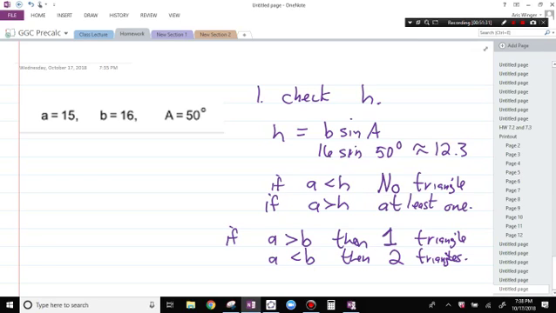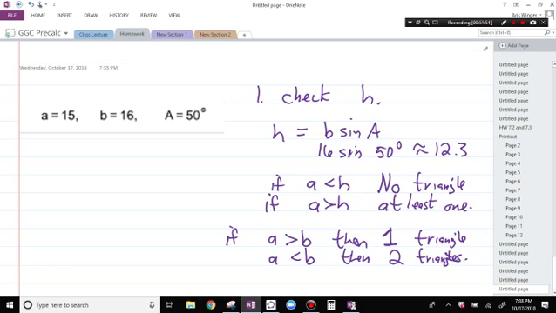Question? Go ahead. How do you know how big the height is? Like you said, check the height. Yeah, here's the formula. It's B the sine of A. You will have both B and capital A. So the first thing we did was derive what the height of a triangle is. If you have two sides and the angle in between, the height is B the sine of A. So if B was 16, A was 50, put it in the calculator, it's 12.3.